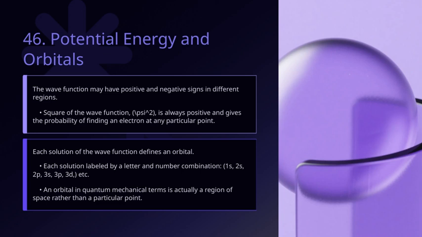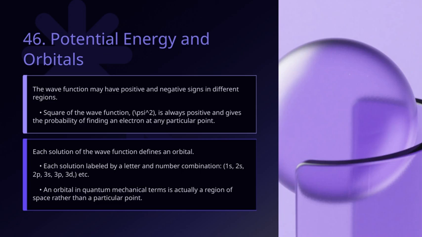Now, the wave function itself, which we denote as psi, has a square, psi squared, that always comes out positive. This squared value actually tells us the probability of finding an electron at any specific point in space. It's important to remember that the wave function can have positive and negative regions, but when we look at its square, those signs don't matter because we're only interested in the probability, which is always positive.